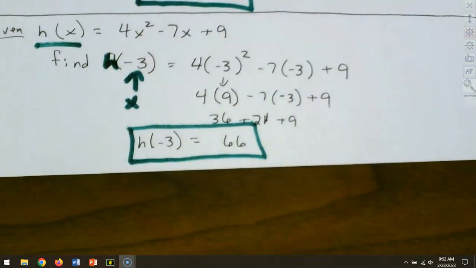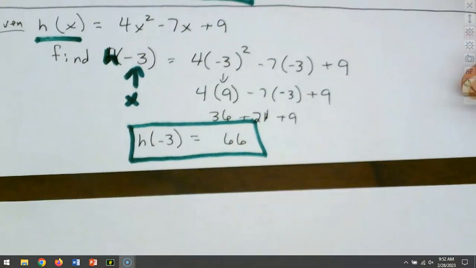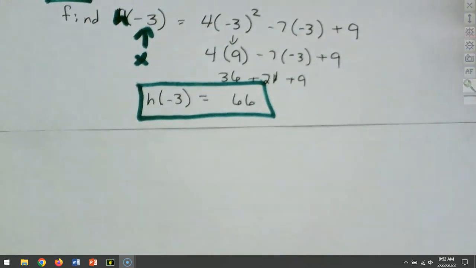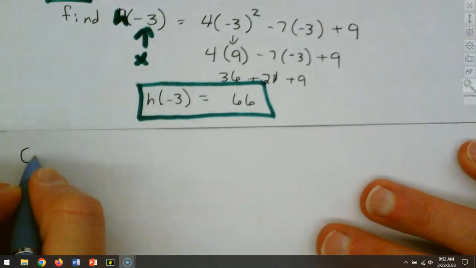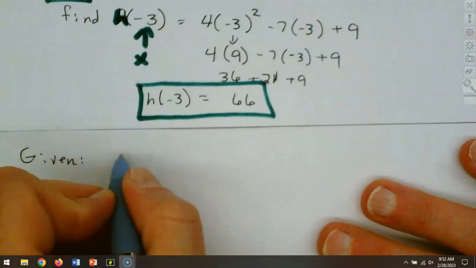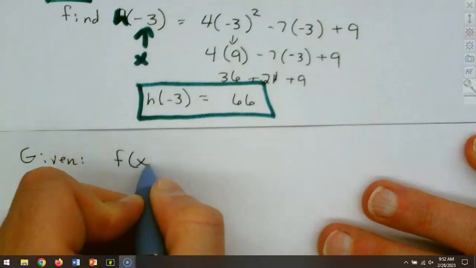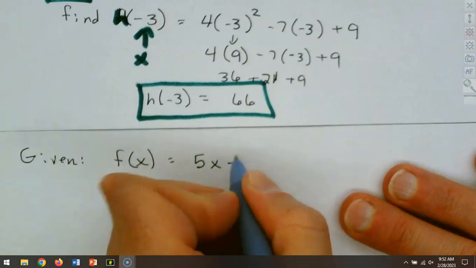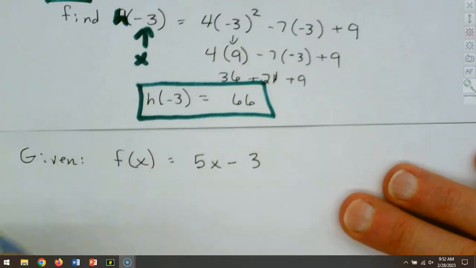Now you can also plug in variables. We'll do the variables and then we'll come back and look at a fraction when we plug in a fraction. So let's now try some with variables. And let's say you're given f of x to be 5x minus 3.